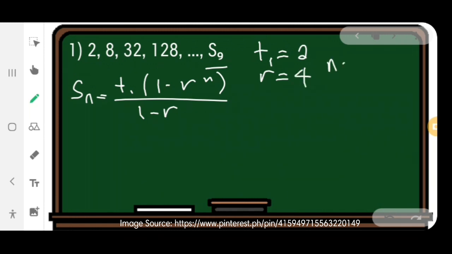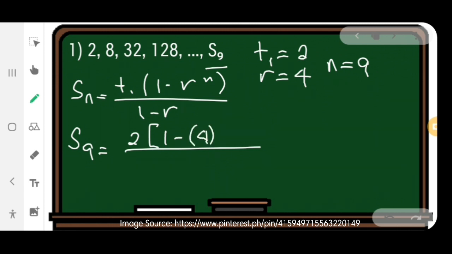Then n is equal to 9 because, again, we are going to get the sum of the first 9 terms. Substitute now the values. We have S sub 9 is equal to 2 times 1 minus 4 raised to 9 all over 1 minus 4.